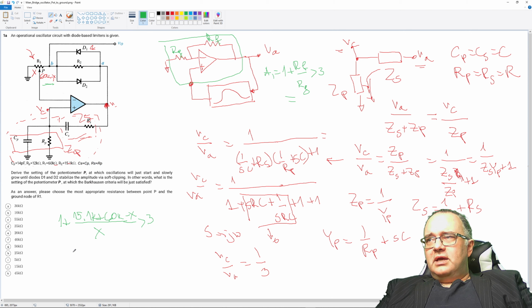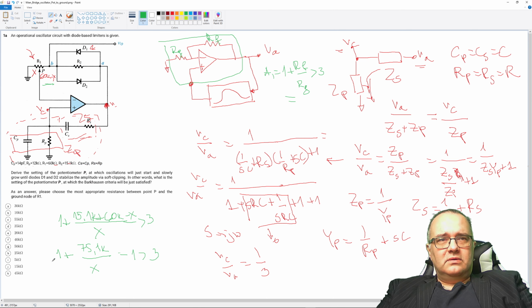Then what I have is 1 plus 75.1k divided by X, and then I have minus 1. So this X divided by this X should be bigger than 3. This cancels out, this cancels out.